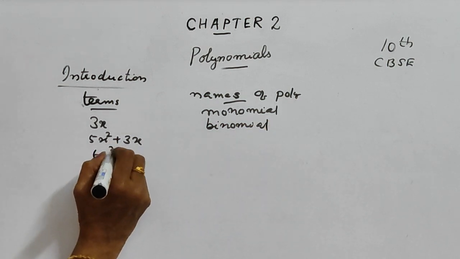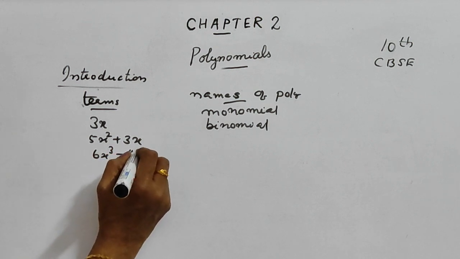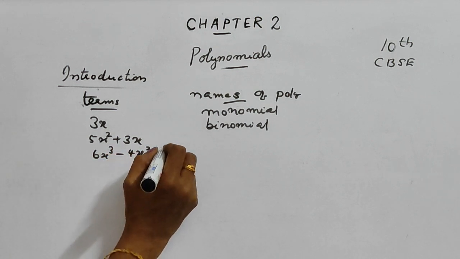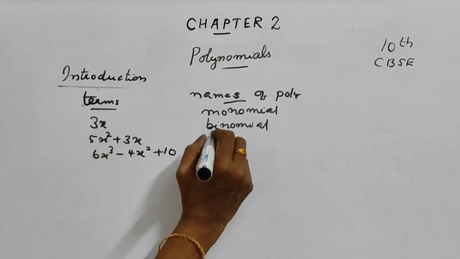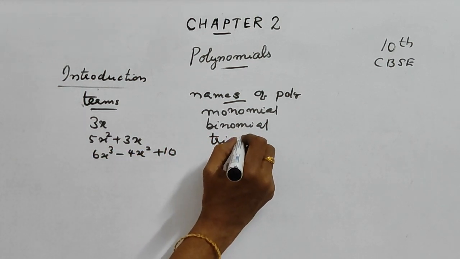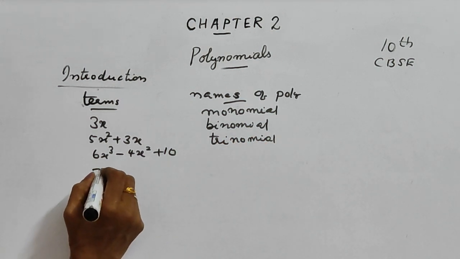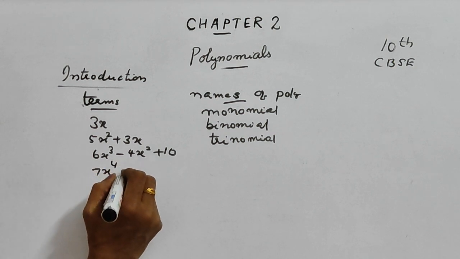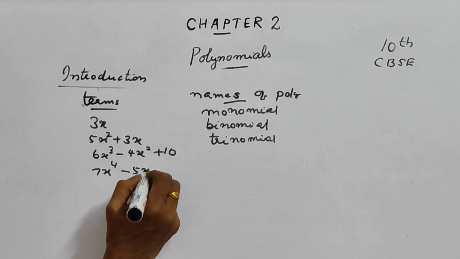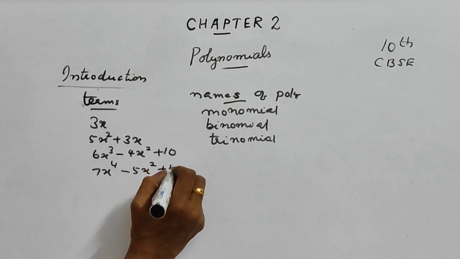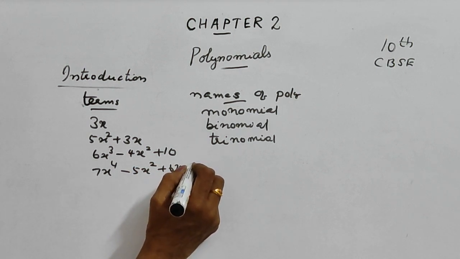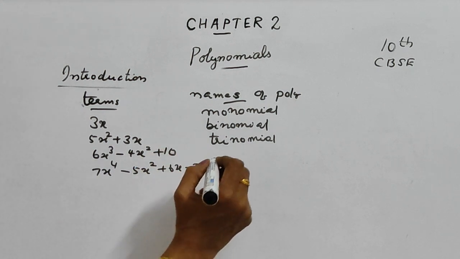6x cube minus 4x square plus 10. 1, 2, 3. It is called as trinomial. 7x raised to 4 minus 5x square plus 6x minus 3. 1, 2, 3, 4.